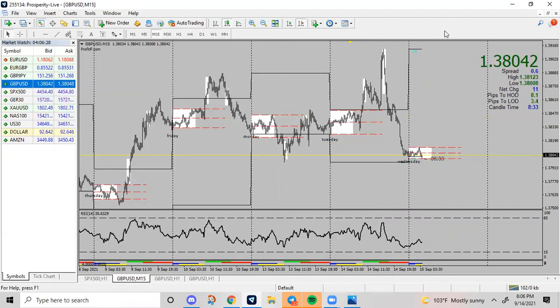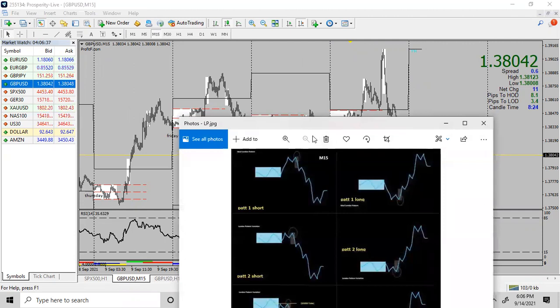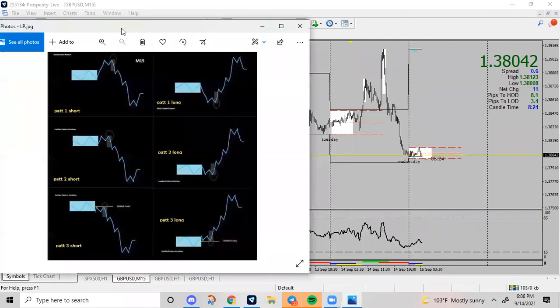It's pushing to the downside, cleared out highs, and now we're making a very strong push, a bearish run. So understanding your London patterns, studying these patterns over and over again, identifying them in the market and trusting your trades, you're going to become a very confident trader, and that allows you to become a very profitable trader as well.